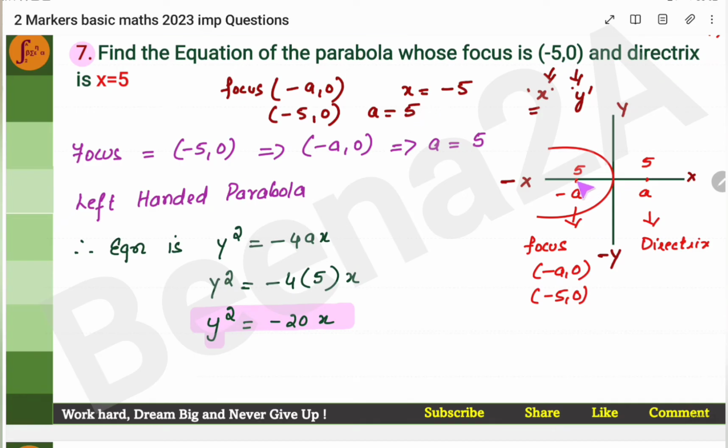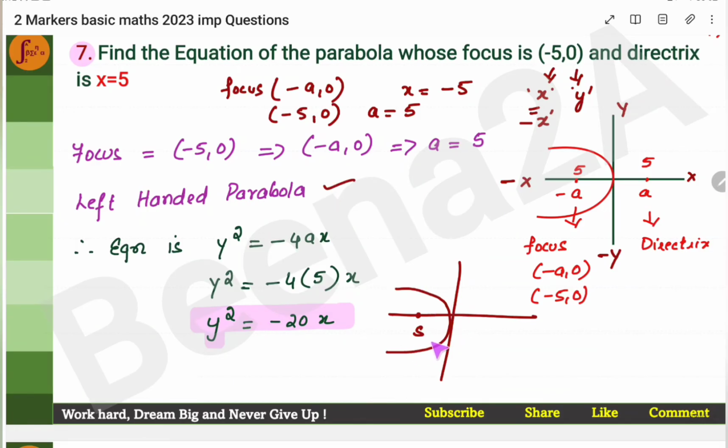So here this is the focus, right? Now if this is the focus, what kind of parabola is it going to be? It's going to be left-handed, right? If your focus is on the negative side of the x-axis, then your parabola has to be around the focus. So it's going to be a left-handed parabola.